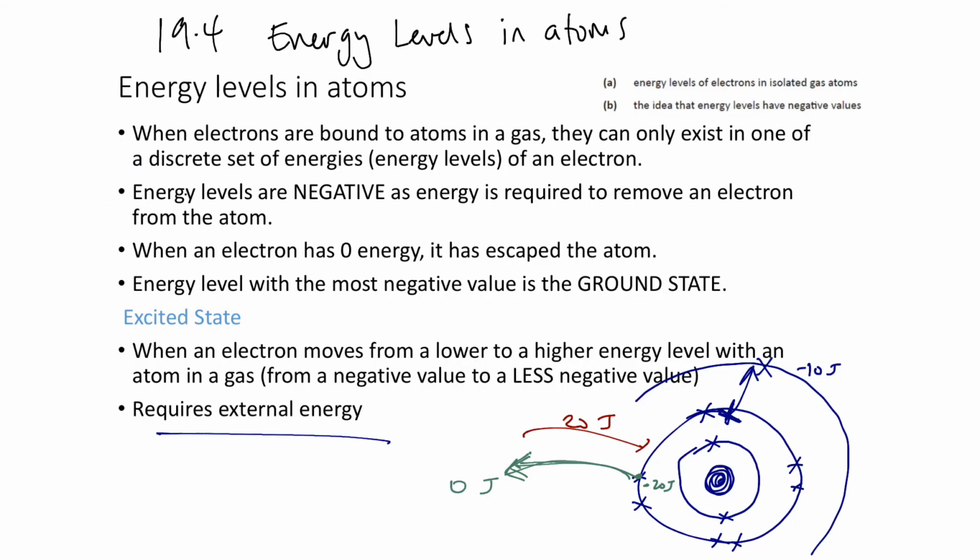Okay, so if we just go back to where we started at the beginning of the lesson, and think about maybe a lesson in chemistry that you've had, probably at GCSE, where you put a metal into a Bunsen burner flame and it gave off a colour. Well, that's exactly what's happening here. It's a flame test. So if you've got a bit of metal, you put it in the Bunsen burner, it absorbs the energy.